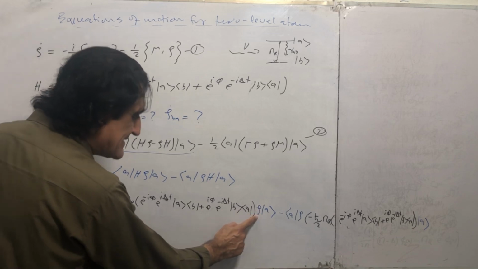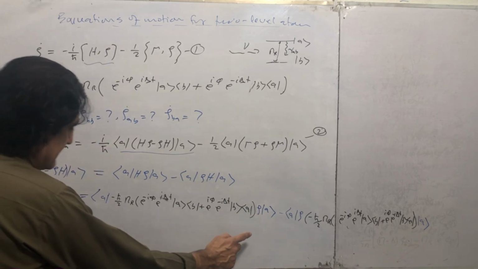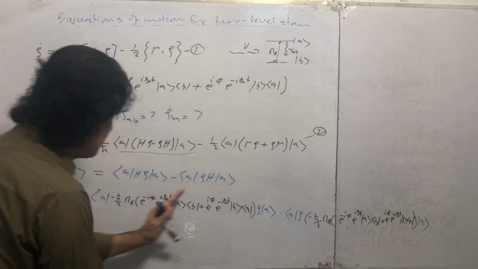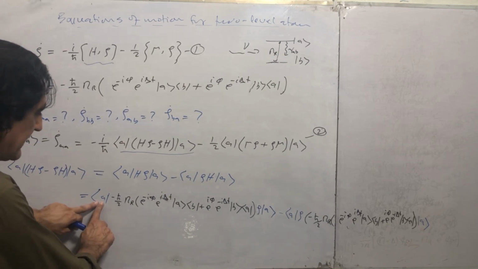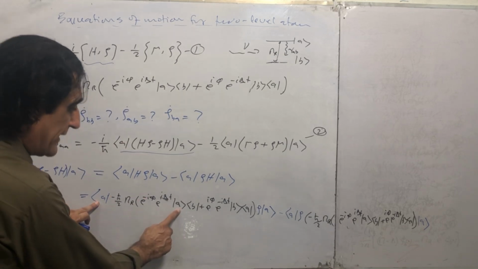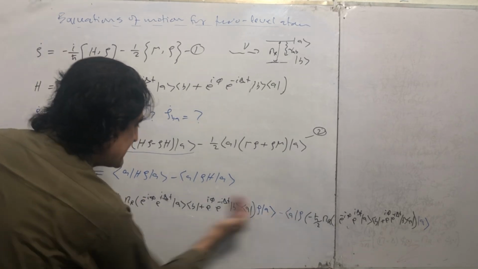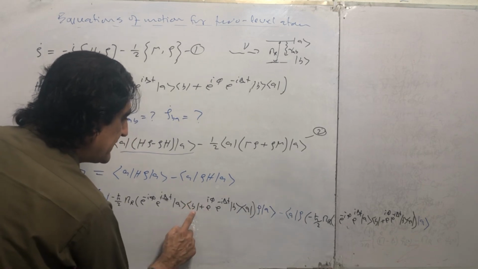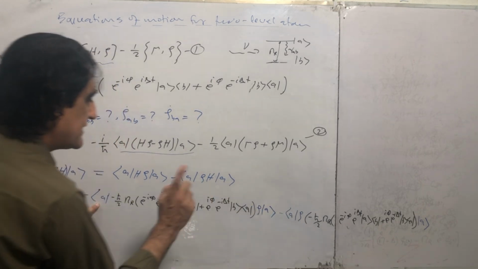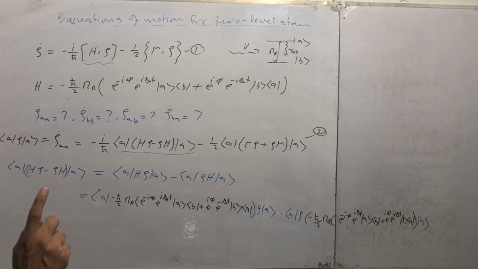This ρ is inside, so from this side it can act, and <A|A> will be equal to 1, but from this side we have <B|ρ|A>, this must be ρ_BA.